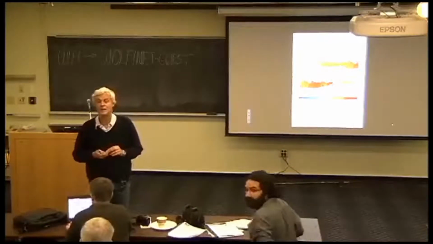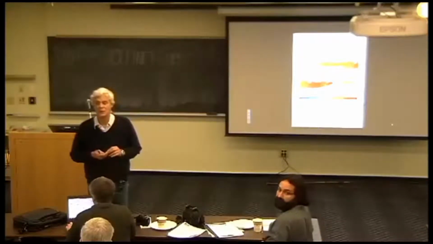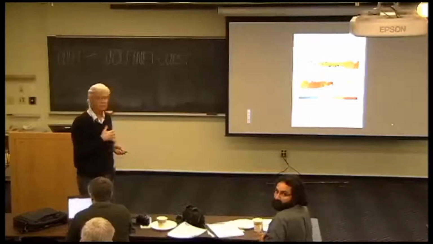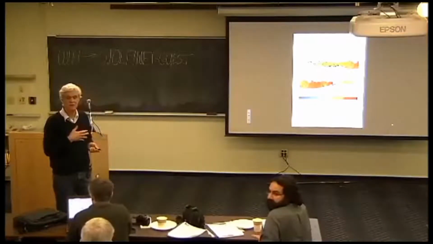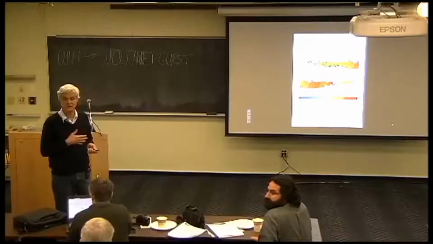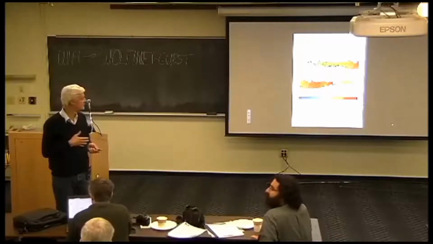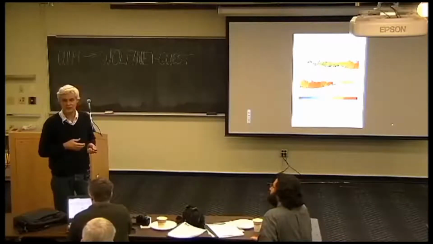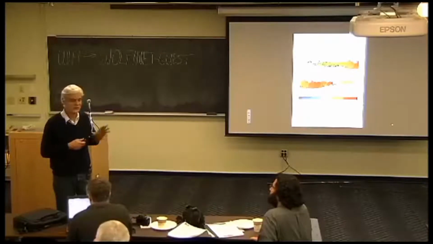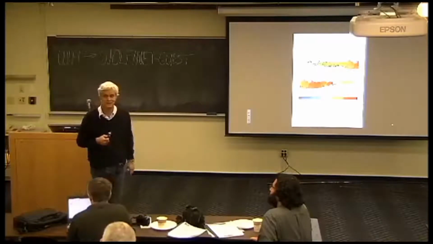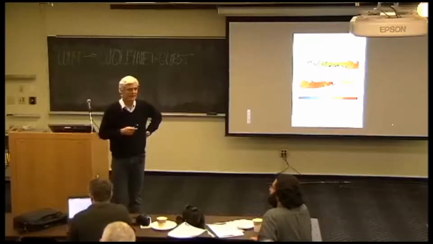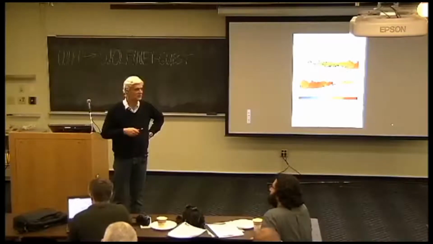You can do it numerically, but the point I was trying to emphasize is that we should look at some of these observations in concert with the numerical simulations. So these are observation data. There is some increase in surge response.